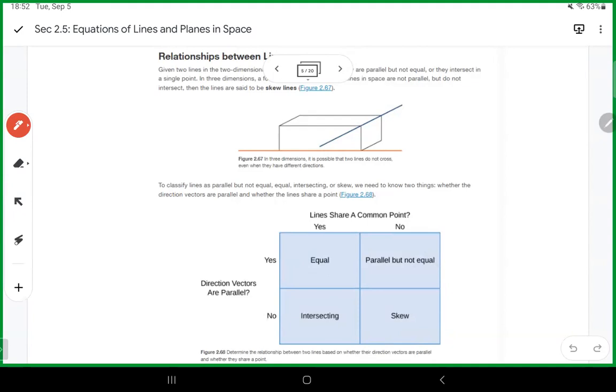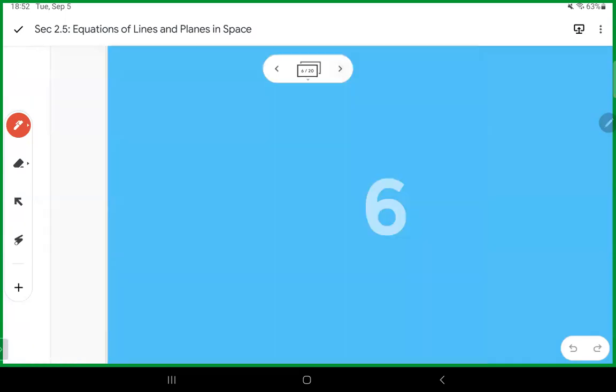If they do not share a common point and they are not parallel, then they're skew. If they share a common point and they are not parallel, then they're intersecting. Okay? That's just, I guess, to give you more of an idea of visually what's going on. That was always harder for me.